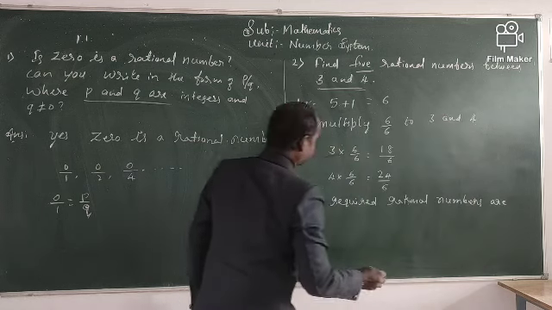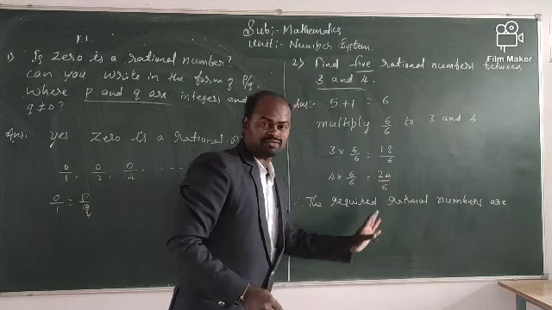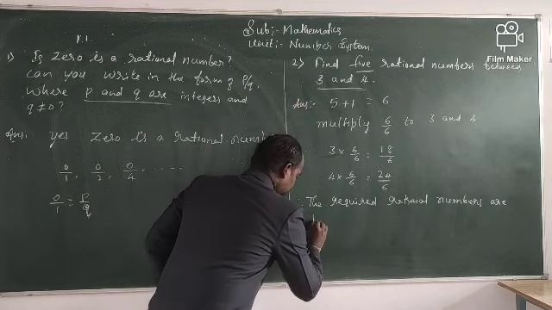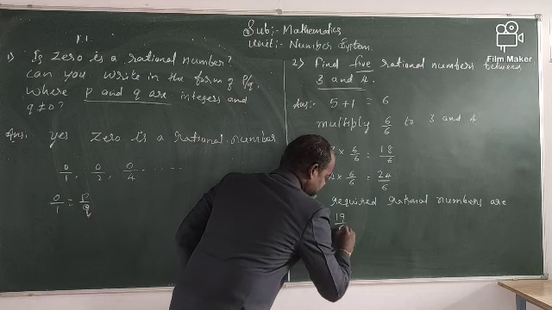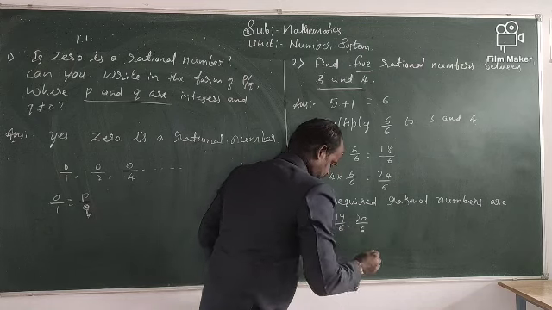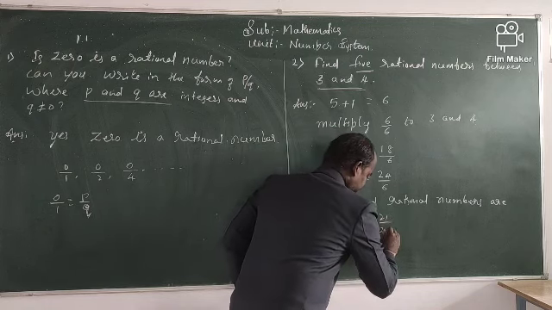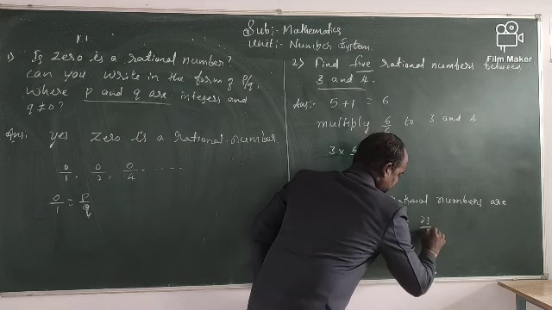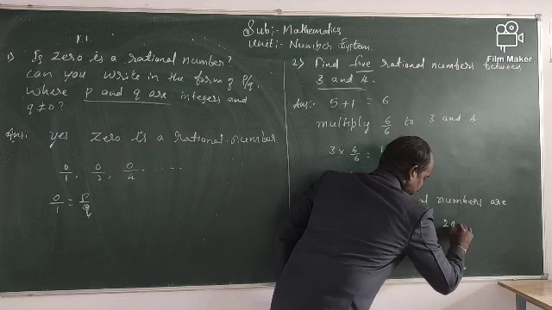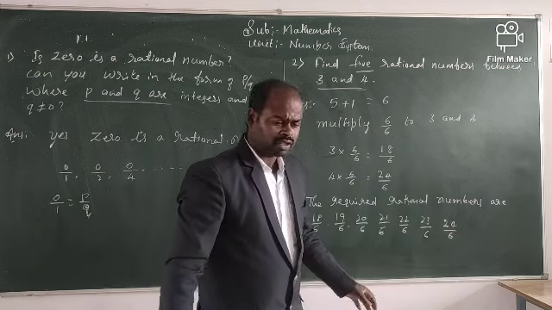numbers are, in between 18 and 24, how many numbers are there? Write down. 18 by 6, 19 by 6, 20 by 6, 21 by 6, 22 by 6, 23 by 6, last 24 by 6.